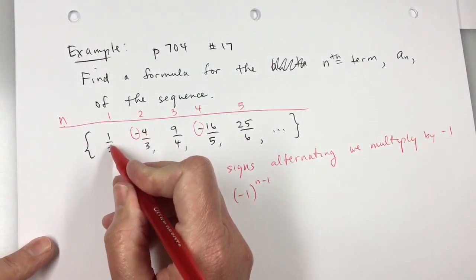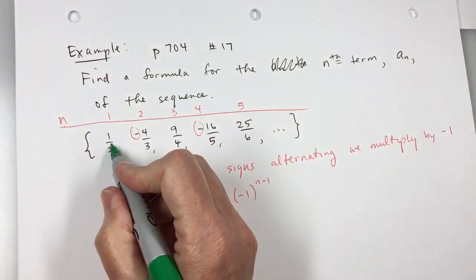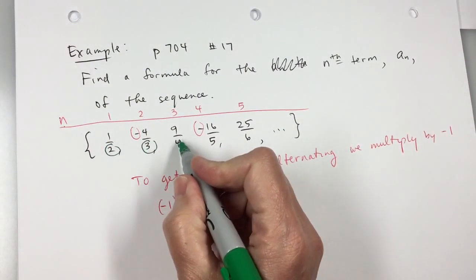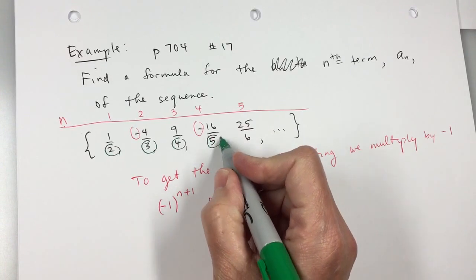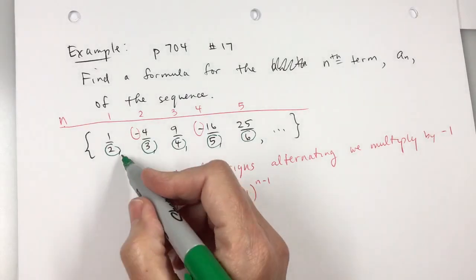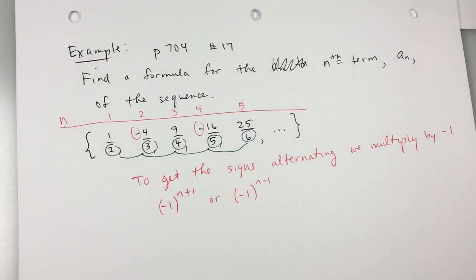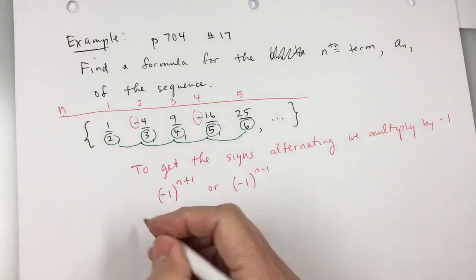What about the denominator? I'm going from 2 to 3 to 4 to 5 to 6. Y'all have already told me the next term is 7 in the denominator. This is like the first problem I did for you, although there we were adding 4. So this time I'm looking at the denominator.